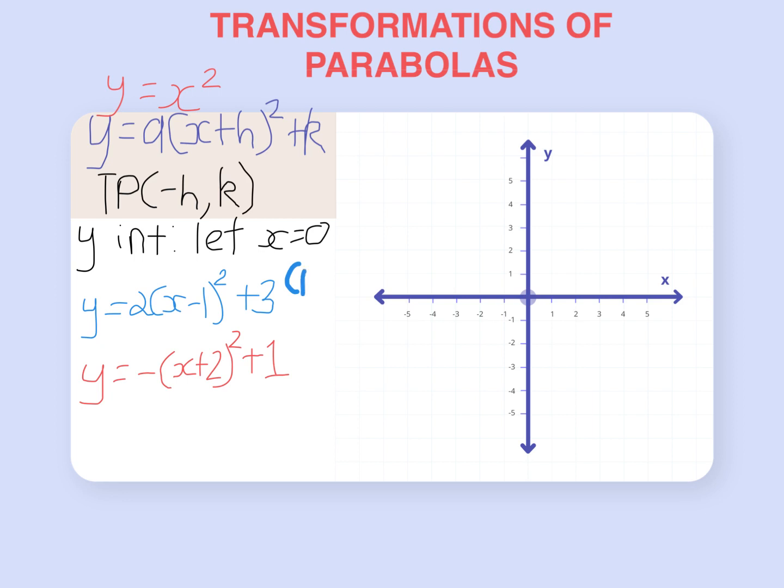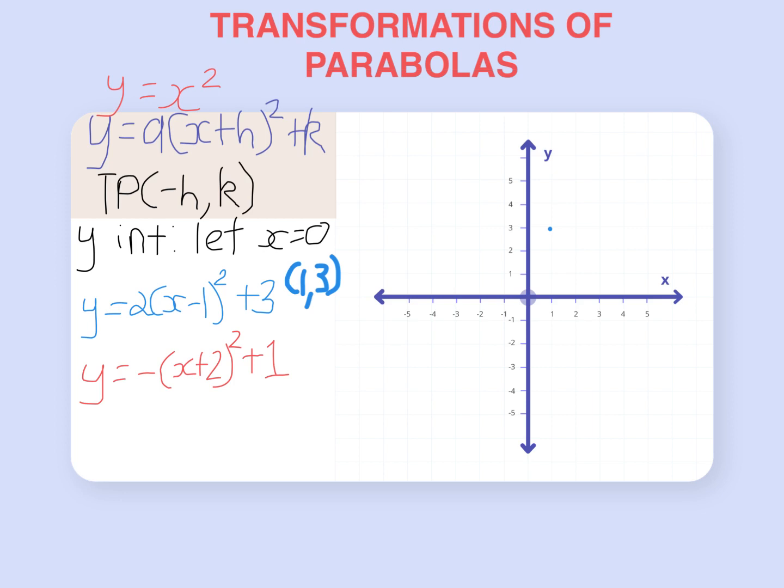It's like the opposite. If this is negative, then this is positive. This is positive, this is negative. So the turning point is going to be 1, and then we just take this number as it is, 3. The turning point of this parabola will be at x equals 1, y equals 3. It will be up here. So we've plotted the turning point.